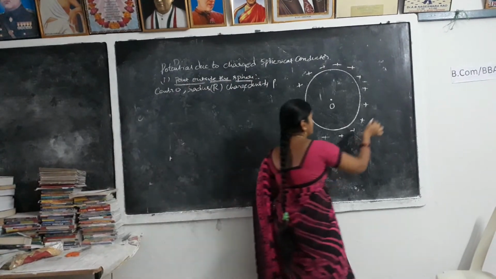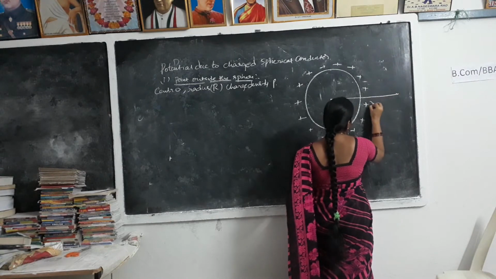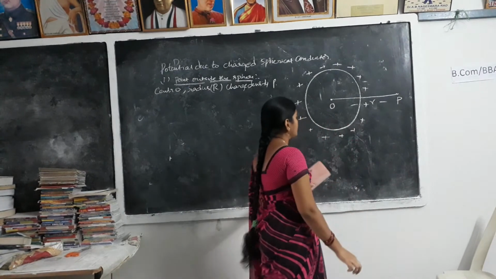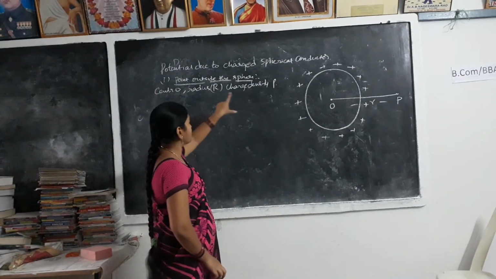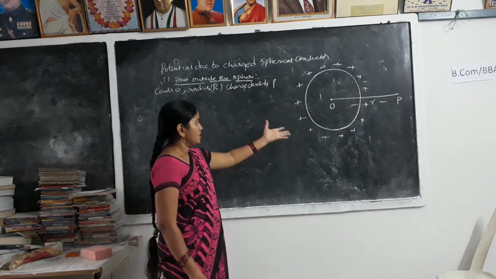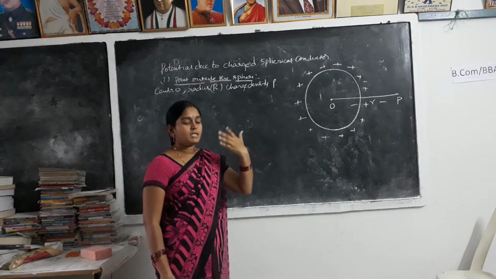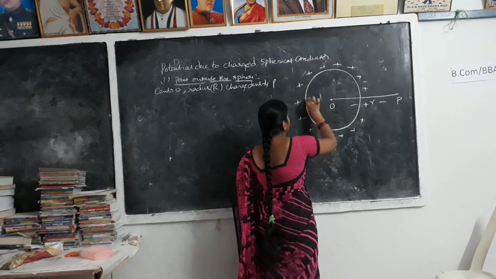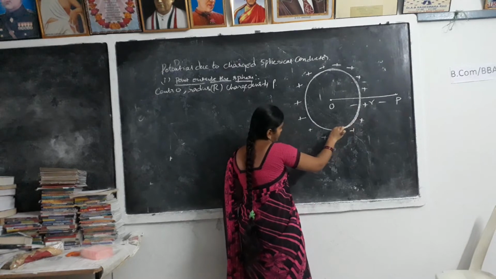So that means here, which is at a distance small r. Remember, in a spherical conductor, when we apply the charge to the spherical conductor, the charge acts only on the surface of the spherical conductor.